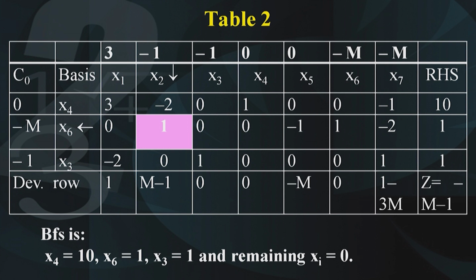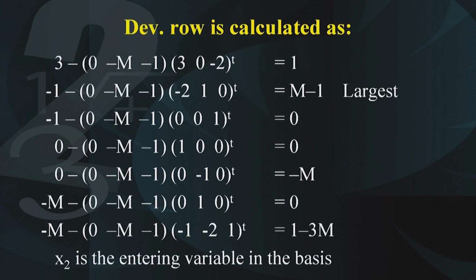Why is minus m? Because here we have in the coefficients of the objective function 0, minus m and minus 1. You must make this change in the C0 column, otherwise the calculations will become wrong. Therefore, now we need to repeat the process, obtain the deviation rows as before.